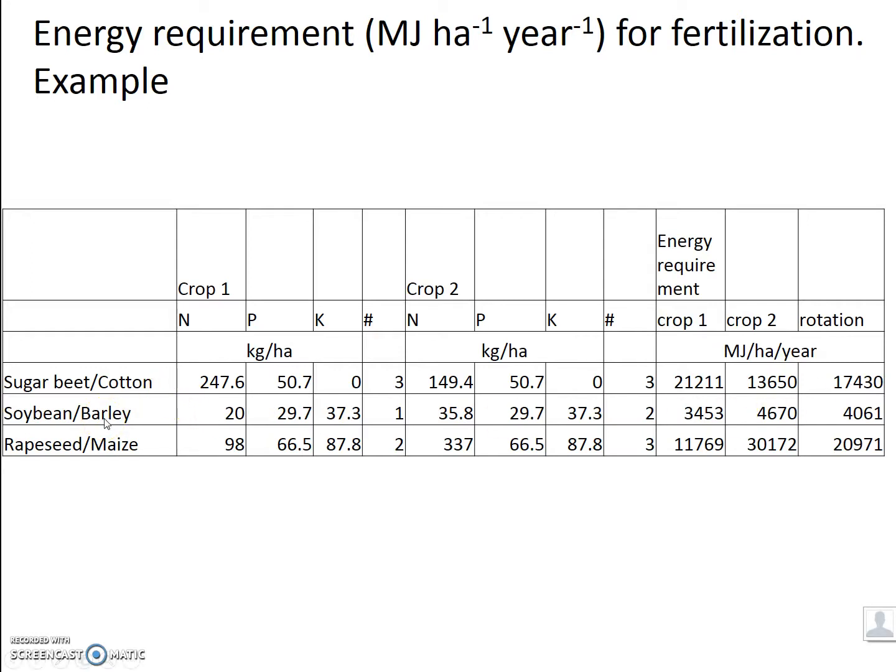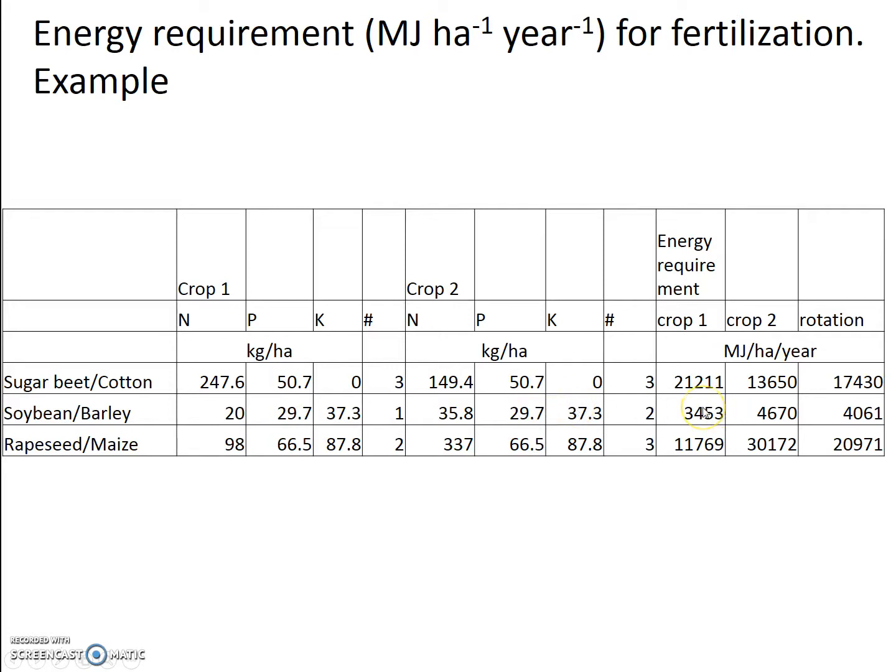If we consider a soybean barley rotation, now the amounts of nitrogen are reduced to only 20 kilograms for soybean and 36 kilograms for barley. The amounts of phosphorus and potassium are close to 30 and 37 for both crops, as you can see.